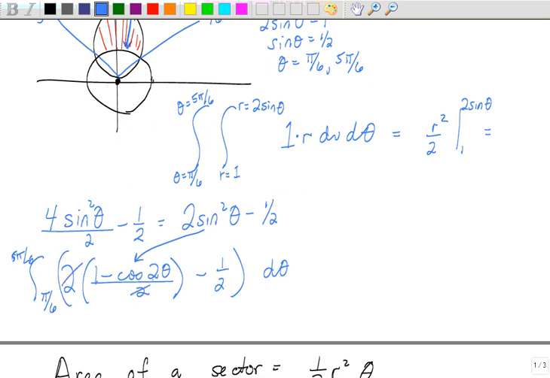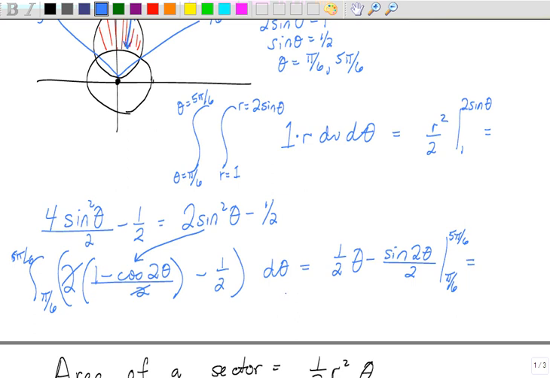The 2's cancel. So this is going to be 1 minus a half, which is a half, theta, minus, and the integral of cosine is sine. And we go from pi over 6 to 5 pi over 6.